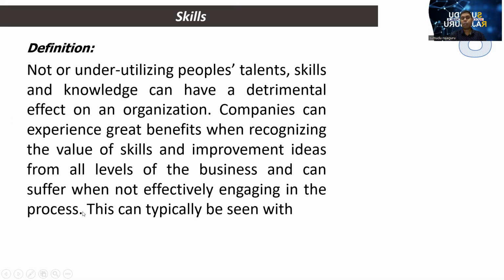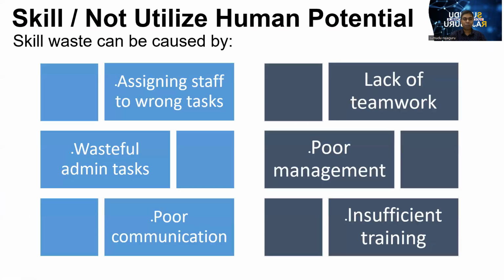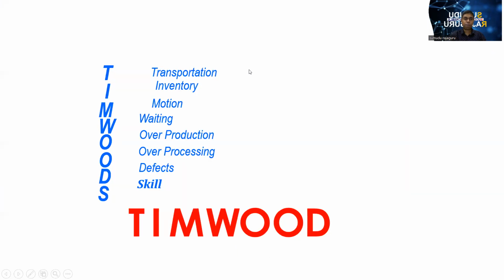This can typically be seen. So skill also is sometimes wasted in the organization. These are the reasons for the skill-related waste: assigning staff to wrong tasks, lack of teamwork, wasteful admin tasks, poor management, poor communication, insufficient training.